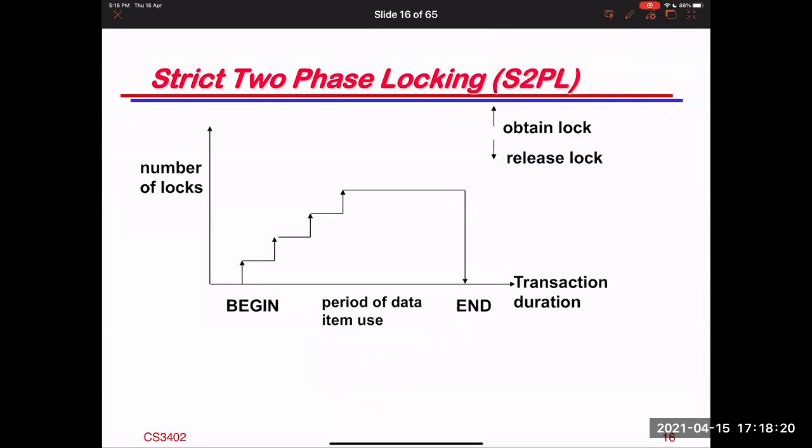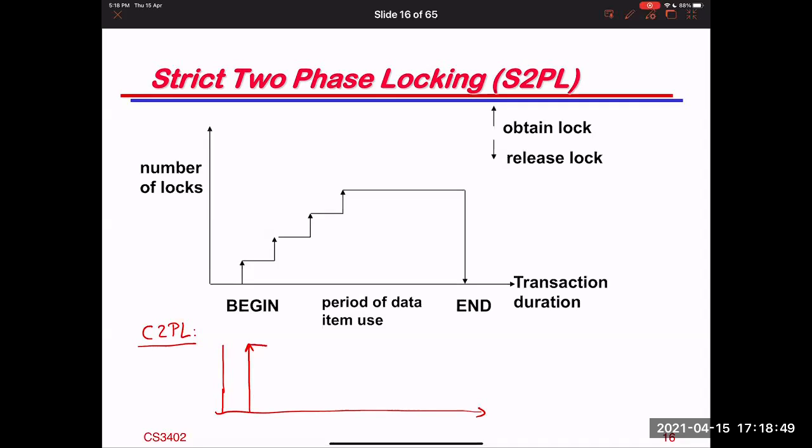And let me also draw this for the conservative two-phase locking. So what's going to happen here? Well, if you think back to how this works, we acquire all the locks at the beginning. So we have this big arrow going up here because we acquire all the locks.